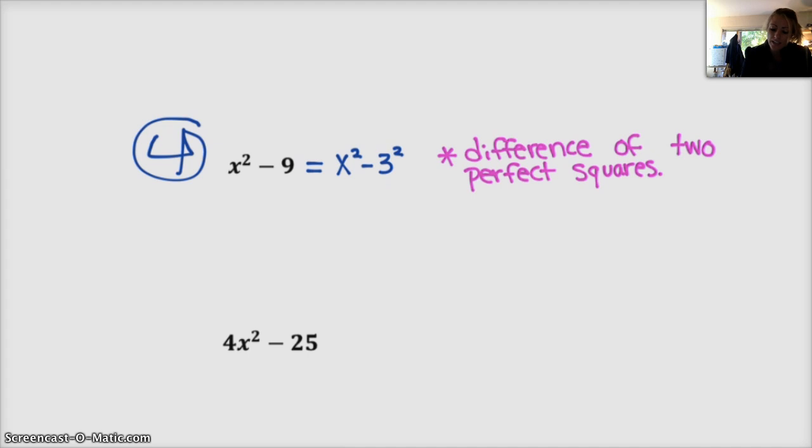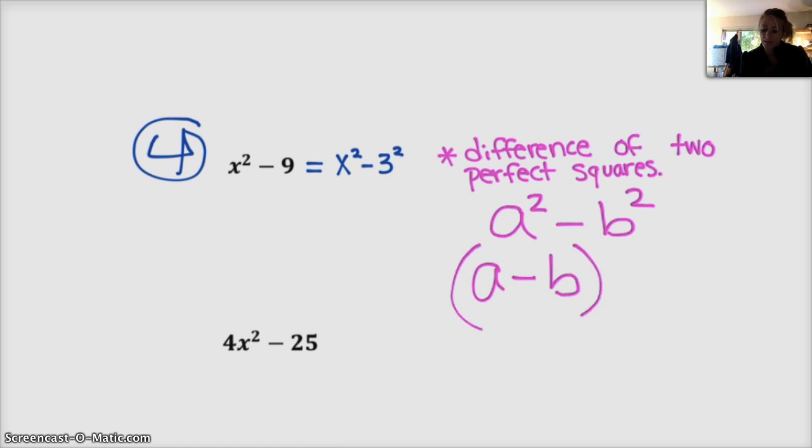So I'm going to do this in pink just so that you know this is like a notes kind of thing. If you have something squared minus something else squared, as long as it's in that form, then you can factor that to be a minus b, that something minus something else, times that something plus something else.